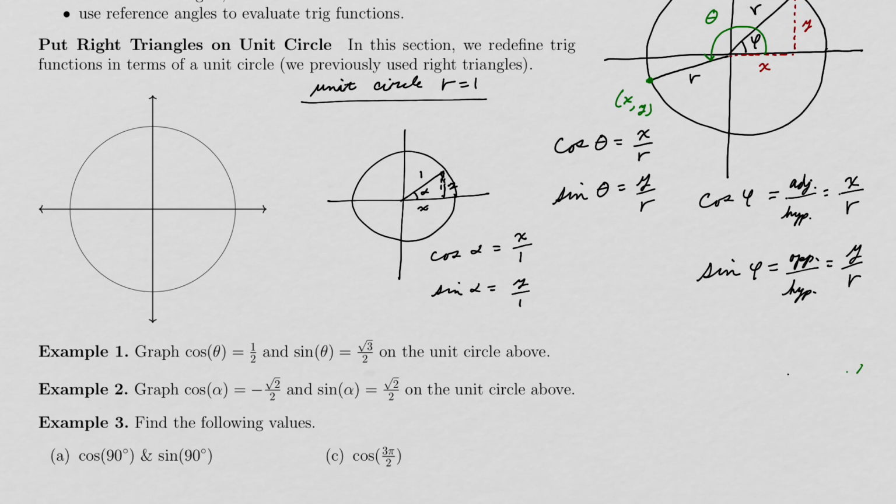So this simplifies to basically saying that the x value, because I'm dividing by 1, I can say that x is equal to cosine of the angle and y is equal to sine of the angle. By definition, that's going to be true for a unit circle.